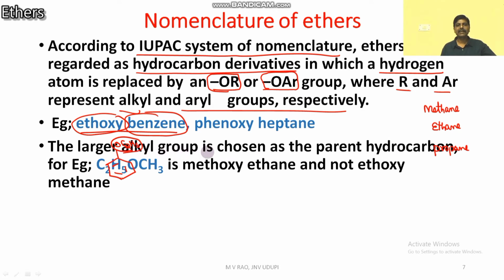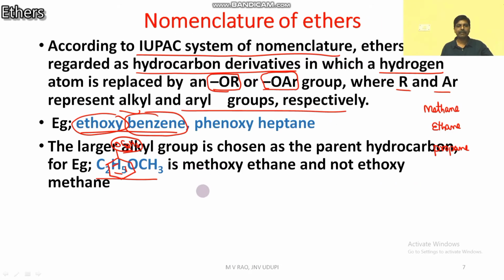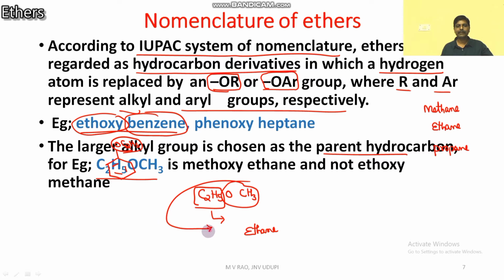The large alkyl group is chosen as the parent hydrocarbon. For example, you take C2H5OCH3. Large group is taken as parent hydrocarbon. Large group is this one. You have to write ethane. So the remaining group you have to write as prefix, methoxyethane.